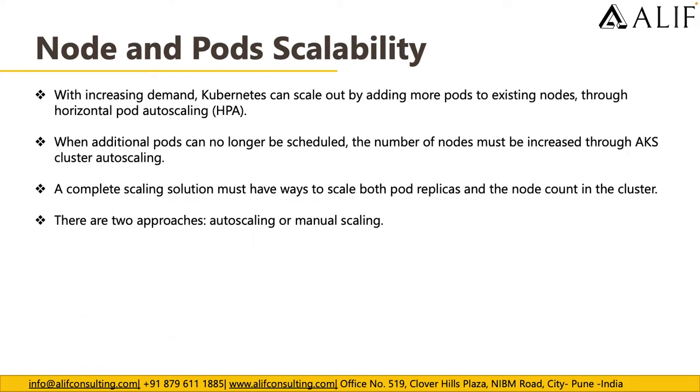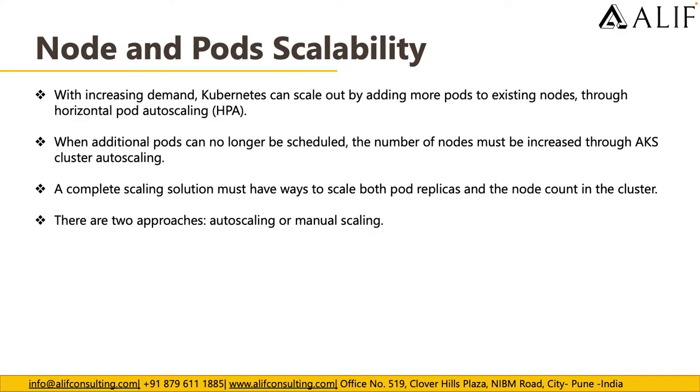Now, pod and node scalability. Scalability is pretty much straightforward. In AKS, for the nodes, you do have automatic scalability available, which is horizontal scaling. Multiple nodes will get added in your node pool.